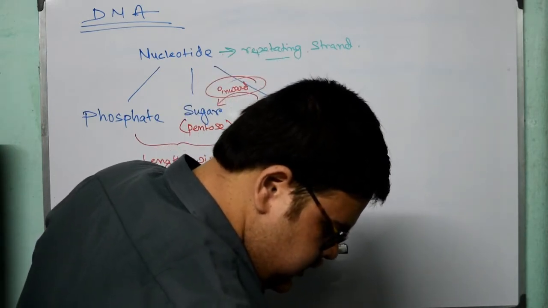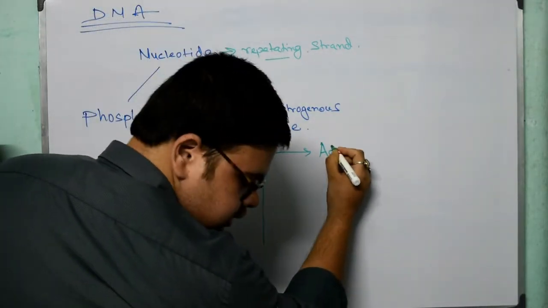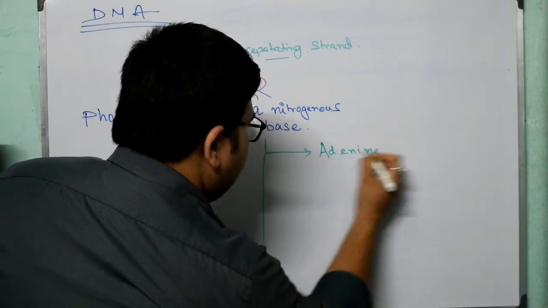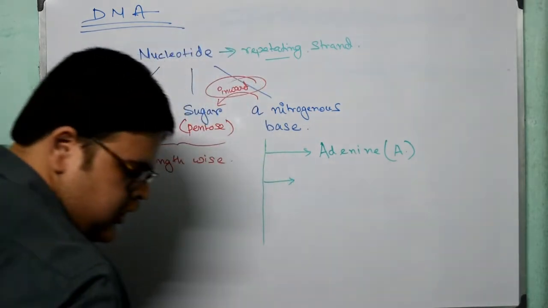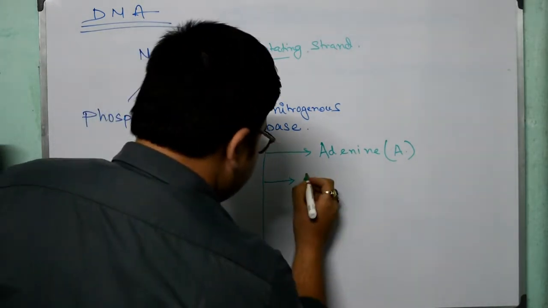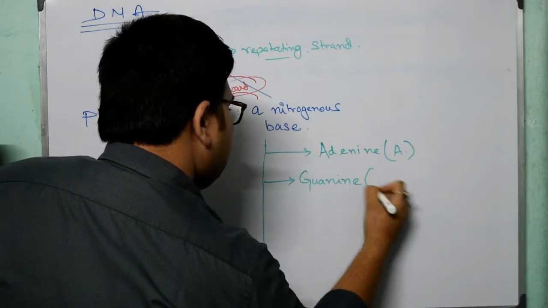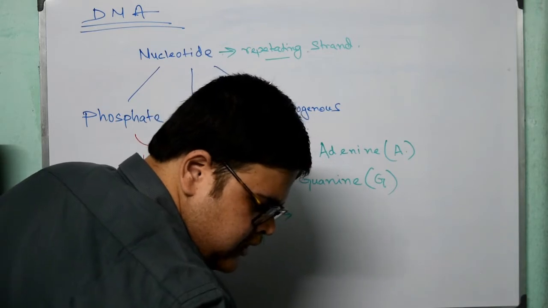The first one is adenine. We call it A. The second one is guanine. We call it G. The third one is cytosine.